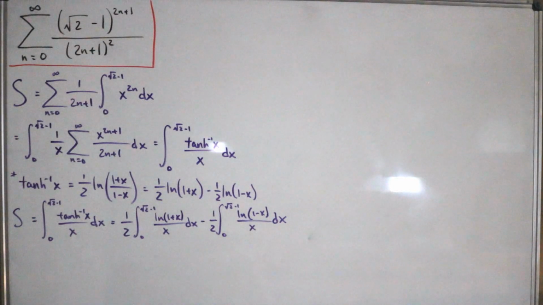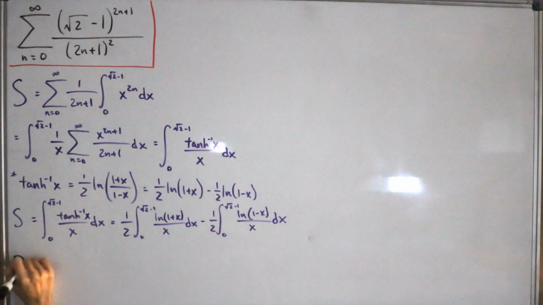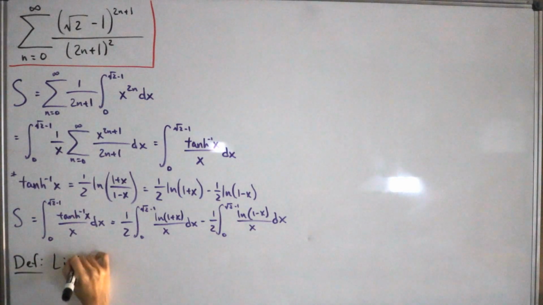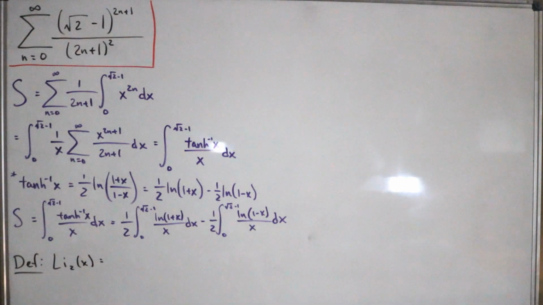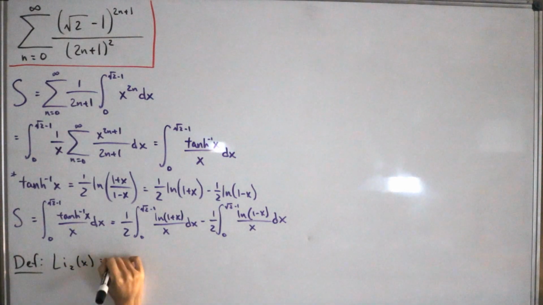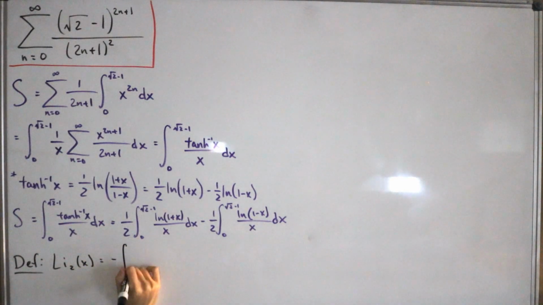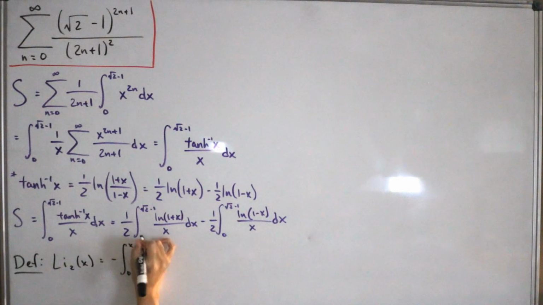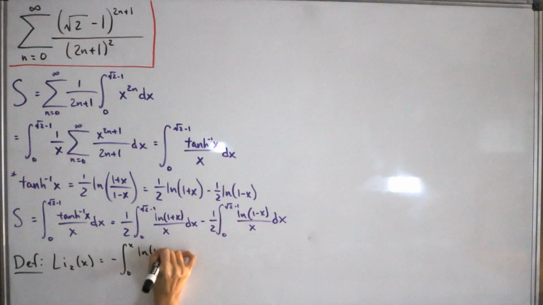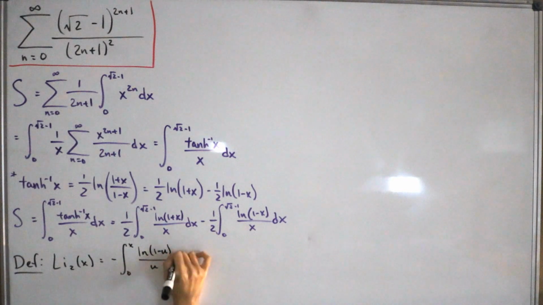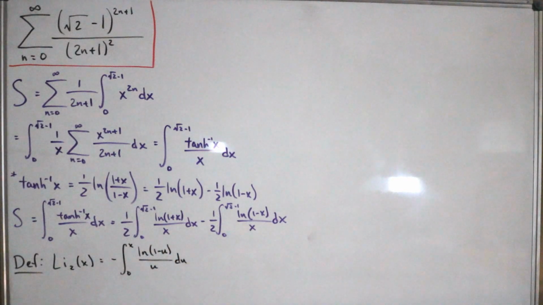And now here's a little identity we'll be using, and you can already guess, as I said in the intro, that we'll be using it a lot. By definition, the dilogarithm, written as Li order 2 of x, can be written as a definite integral: the negative integral from 0 to x of ln of 1 minus u, divided by u, du. This also means that x can be any complex number.